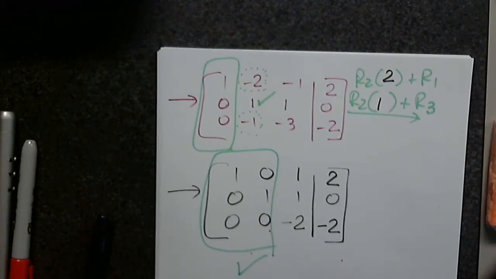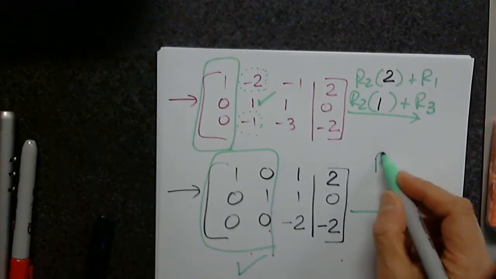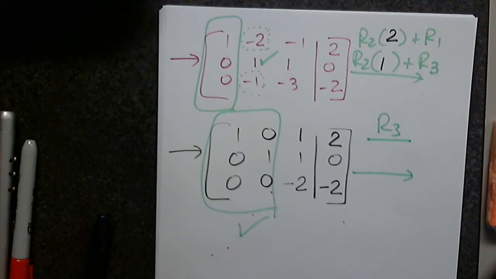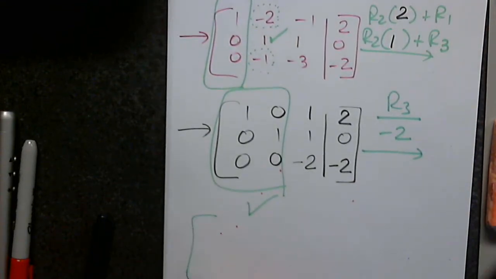Where is my next step? Otherwise, if I don't go exactly there, I mess up the problem, I can't solve. Exactly, row 3. So then, row 3 needs to be divided both sides by? So, 1, 0, 0, 0, 1, 0, 1, 1, 1, 2, 0, 1.